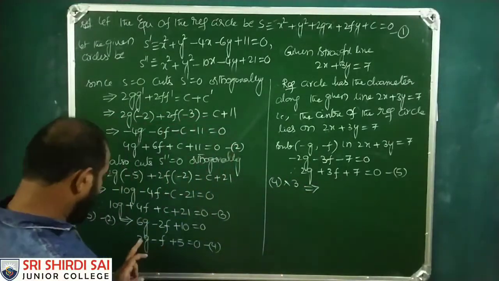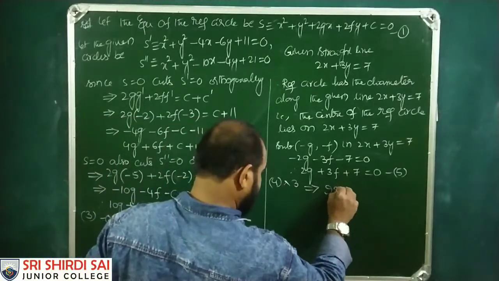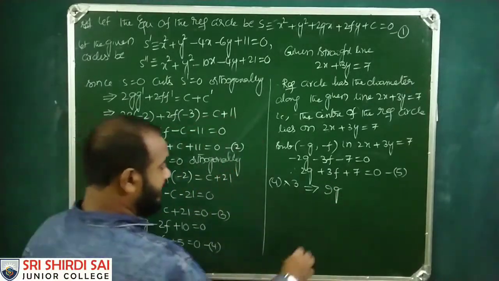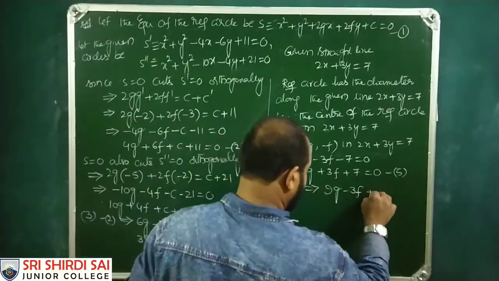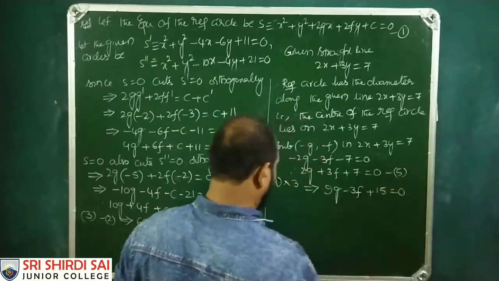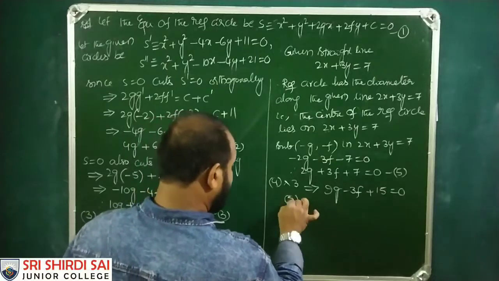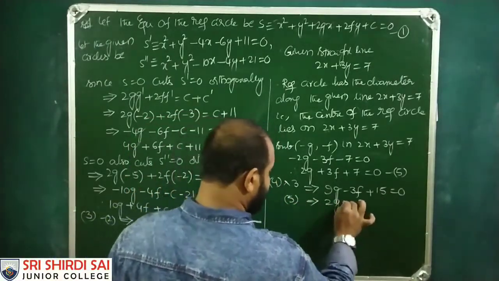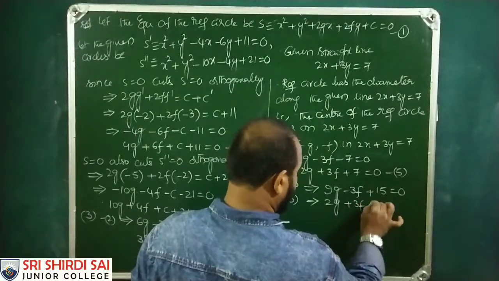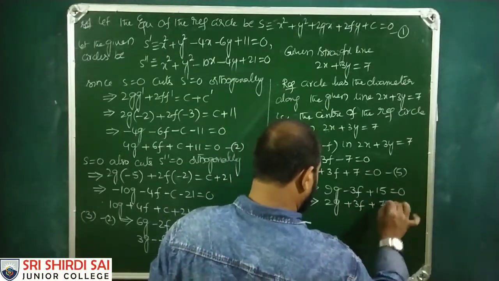Then 3 3s are 9g, 3 into minus f is minus 3f, 3 5s are 15 equals to 0. The fifth equation is 2g plus 3f plus 7 equals to 0.